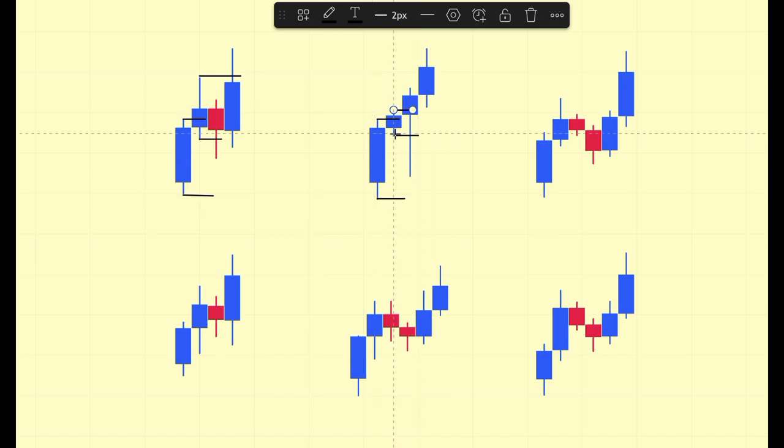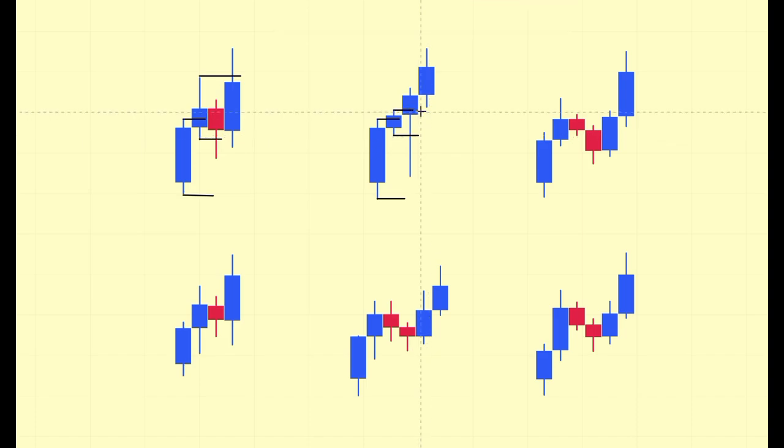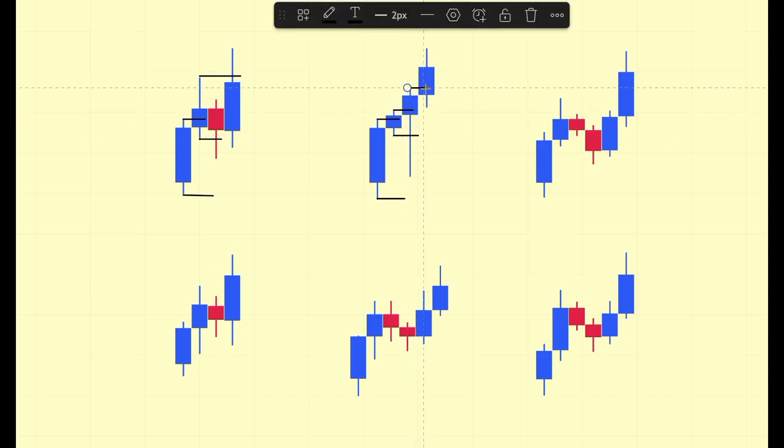The break can be by a wick or by a body closure, and the candle that takes out the low of the previous bullish candle can be bullish or bearish. After that, price continued with the candlestick based uptrend. So where was the pause? This here was the pause, and this pause is what we call a bullish valid pullback.